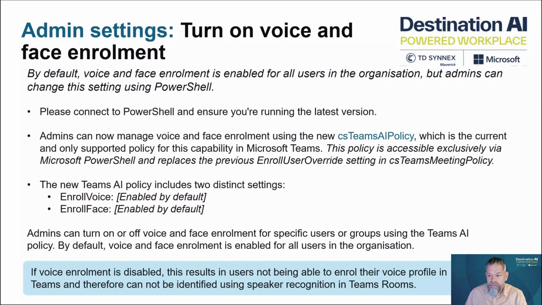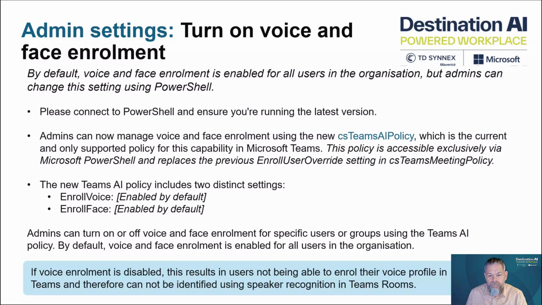So, some admin settings to think about. By default, starting late 2025, organizations will automatically start moving over into having this enabled. However, there may be environments where we need to turn this functionality on if it's not already on. And we use PowerShell to do so.